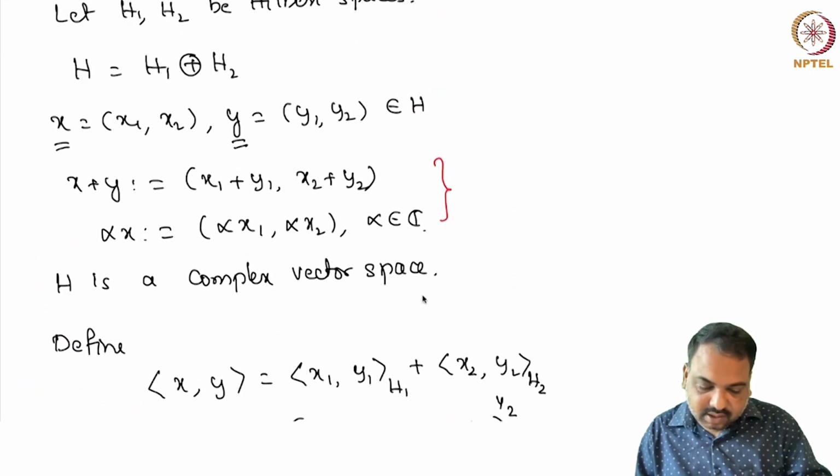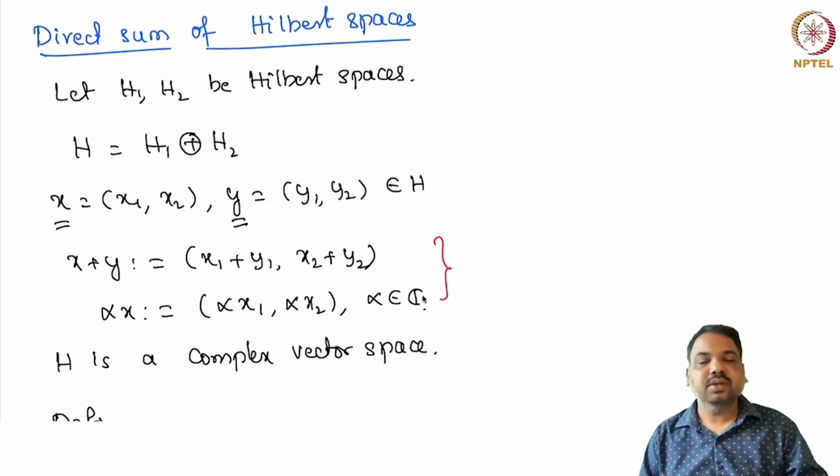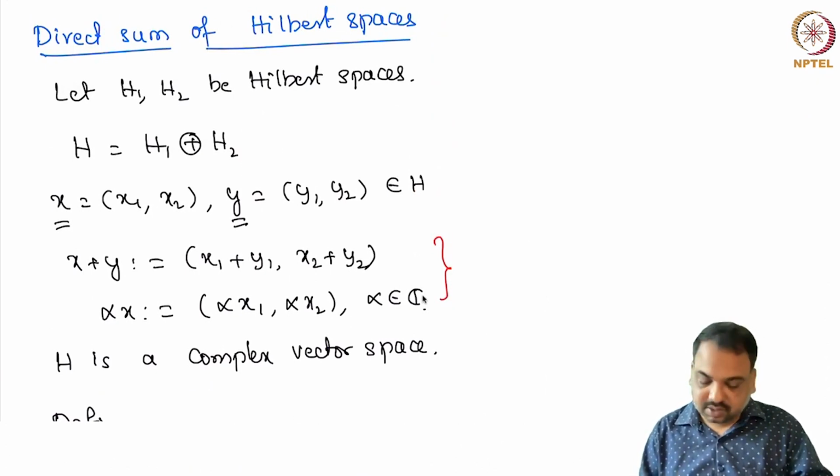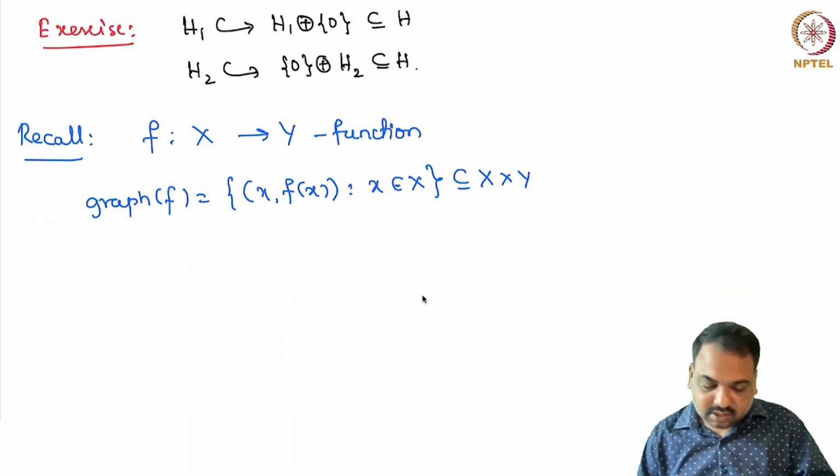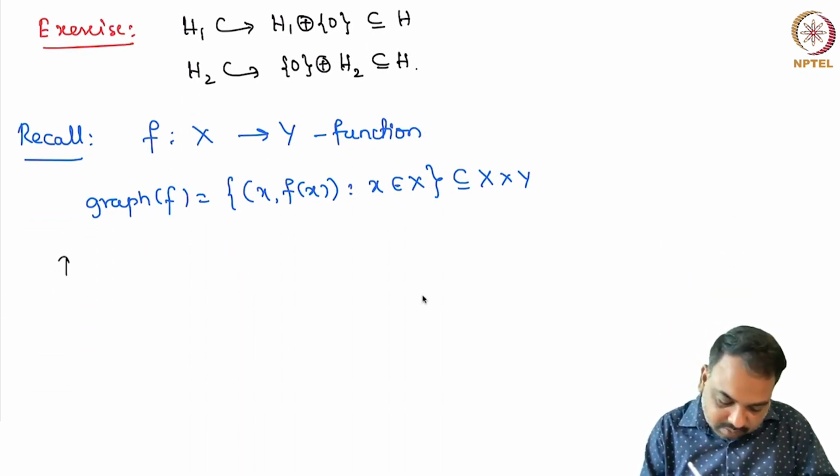Here also we have taken H1 cross H2, and with respect to these operations we are calling it H1 direct sum H2.